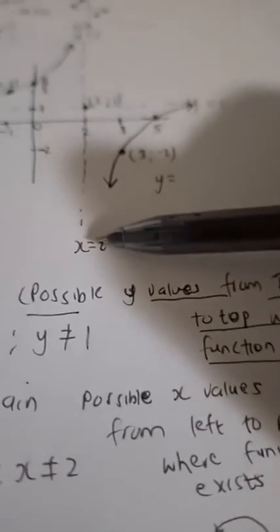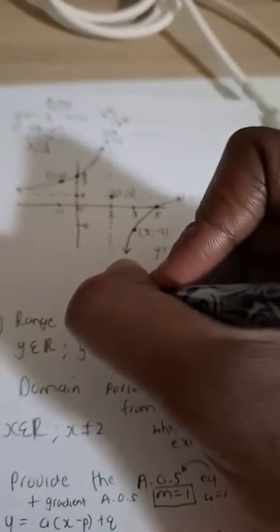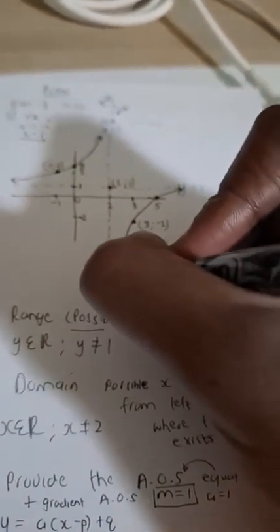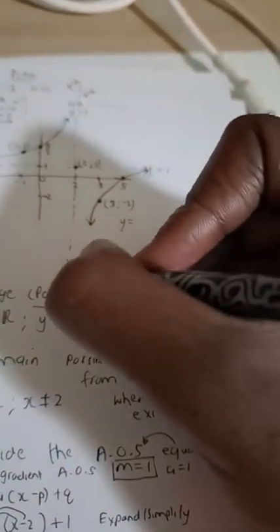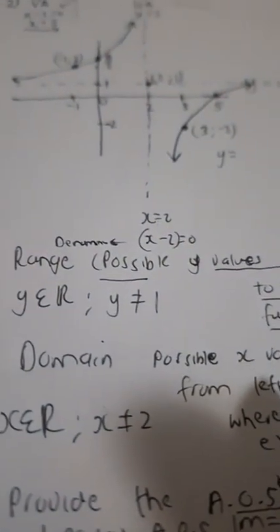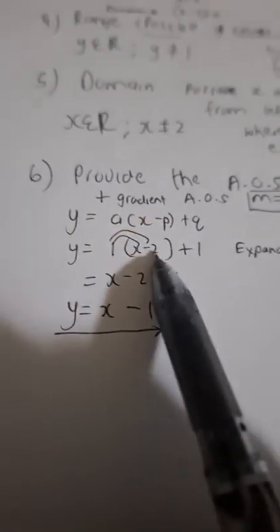Guys, all you would do is you would just simply do this. You would rewrite this, take the 2 over, you transpose it, you make it equal to 0, then you know what belongs in the denominator. This here will belong in the denominator of your hyperbola function.